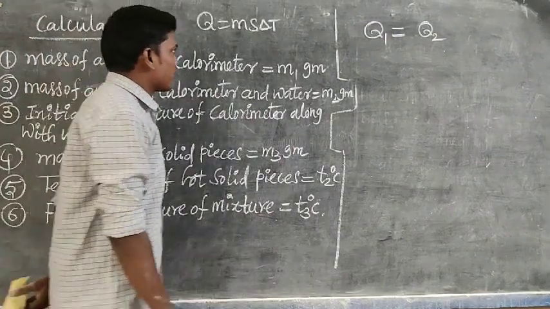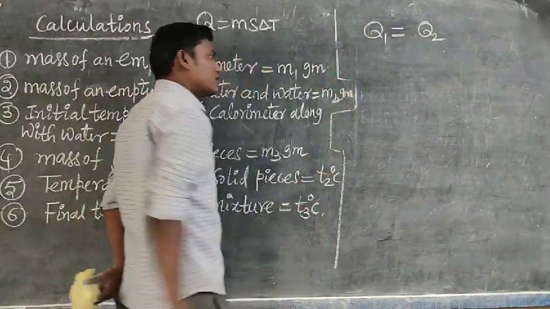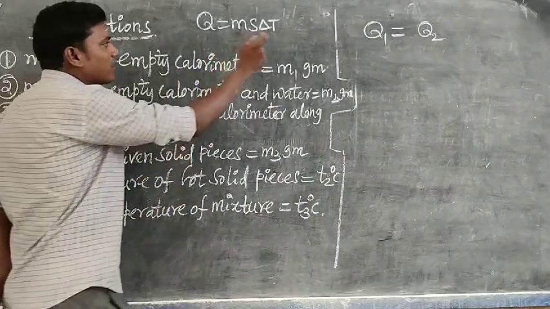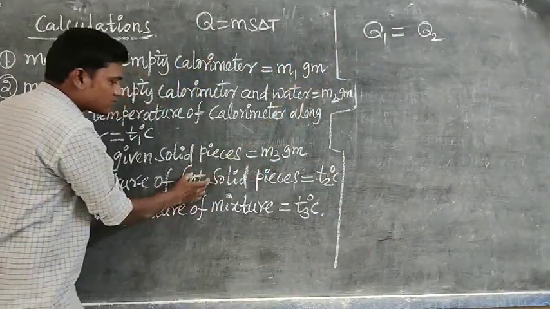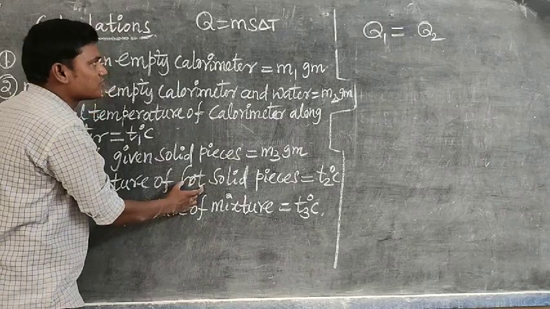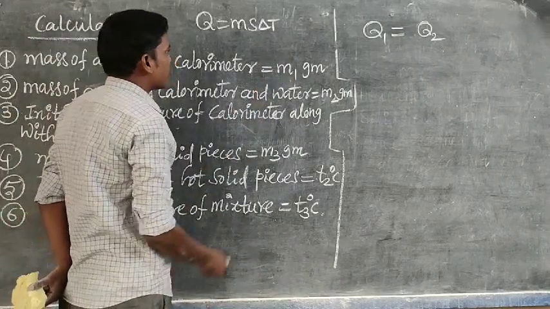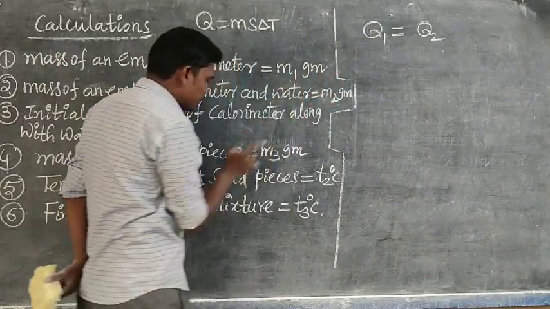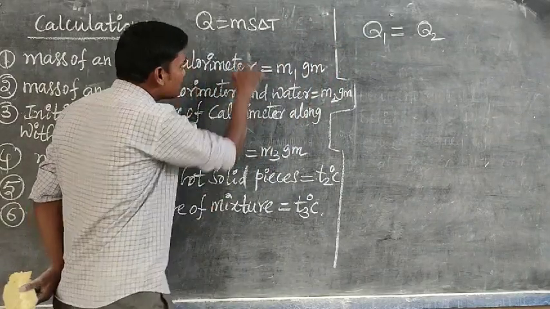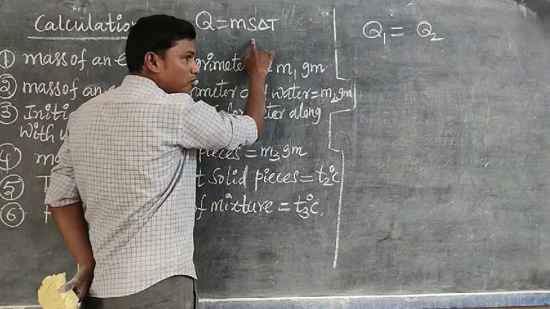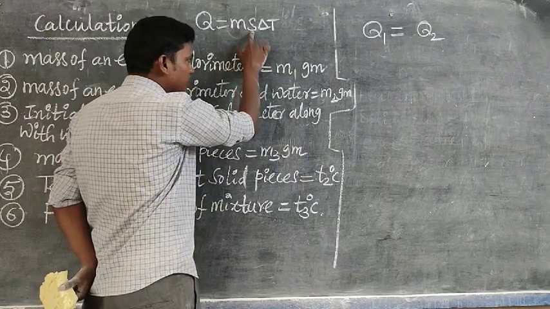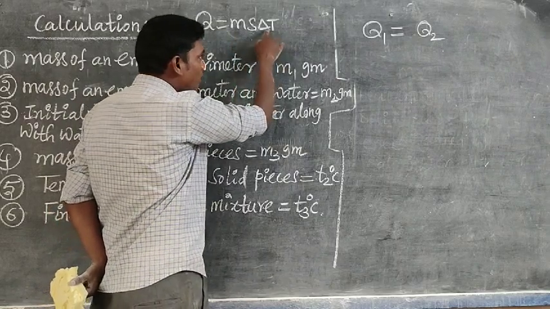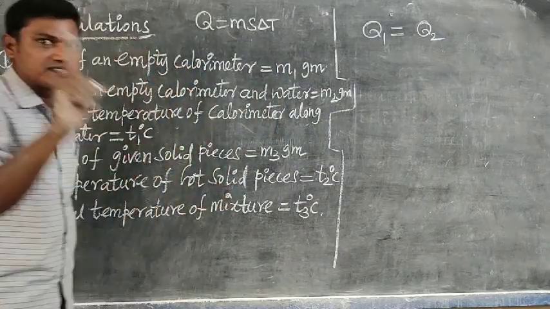So now come to that one. Q1 belongs to the hot solid pieces, so all the components, mass, specific heat, change in temperature, we consider about the solid pieces only.